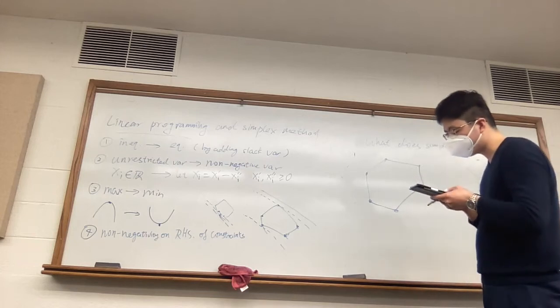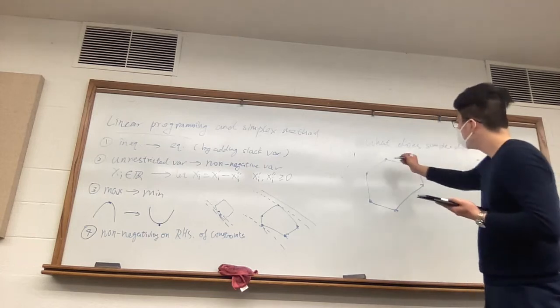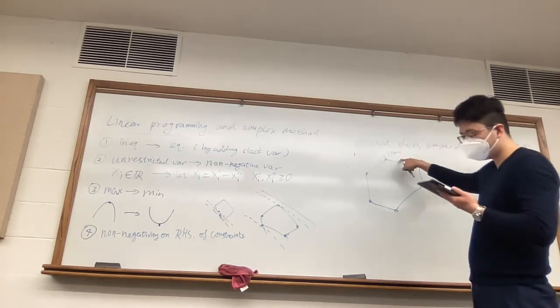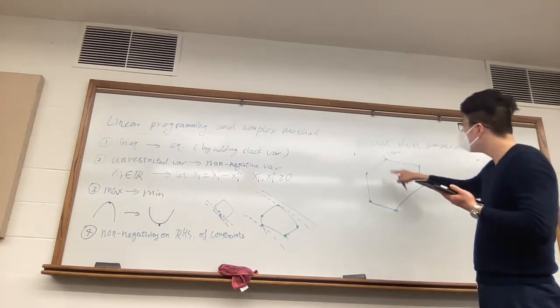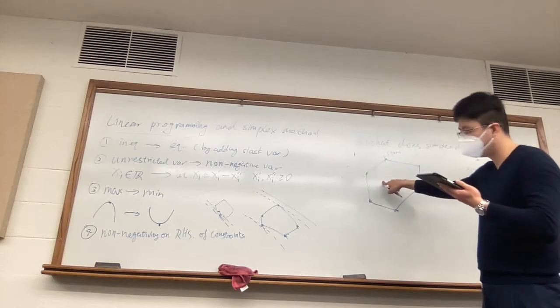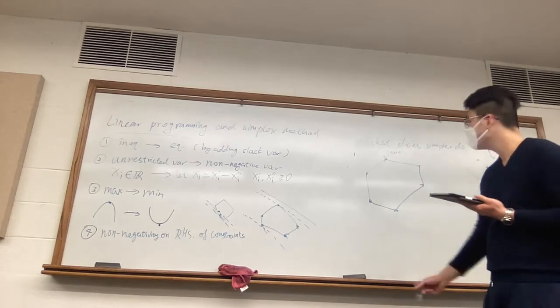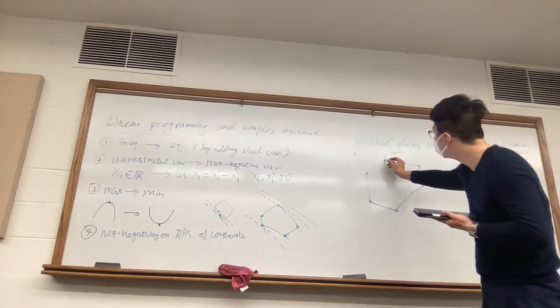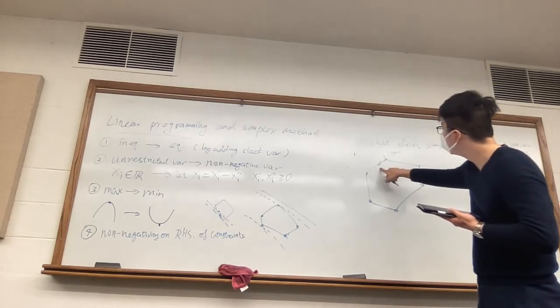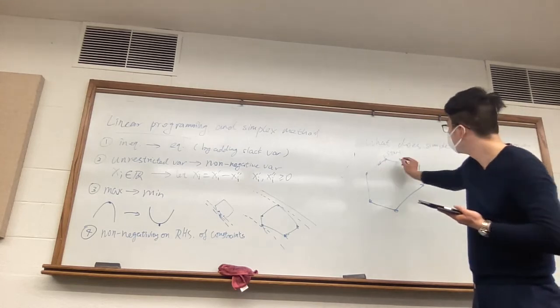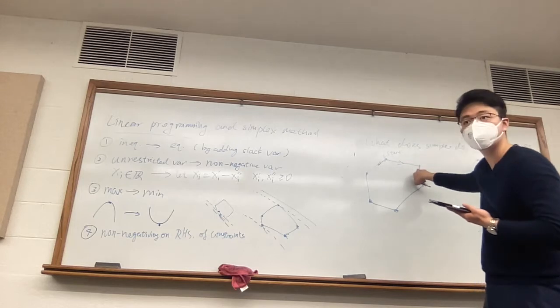So what the simplex method does is, let's just start here. We start here, and then we go along the direction that improves the objective function the most. That's to say, suppose you can go to an adjacent vertex, or you can go to another adjacent vertex.